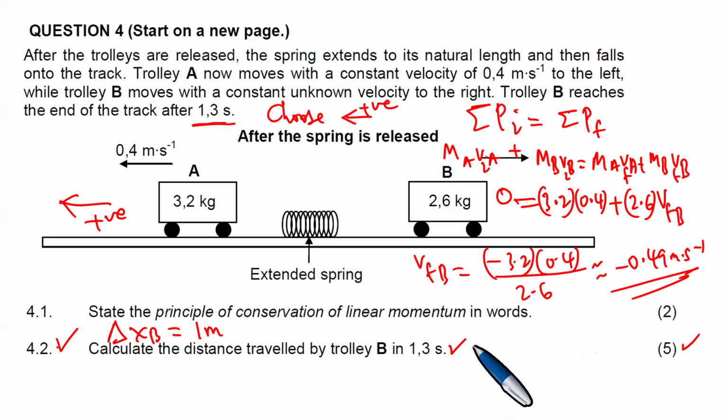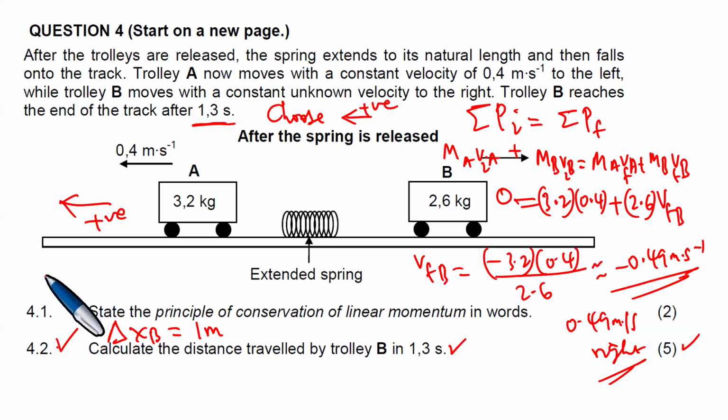So this would be the final velocity of B, but obviously because it is negative, it's indicative of the fact that it is 0.49 meters per second to the right. Okay. So if this became the velocity of B, then you can be rest assured that it reached the end of the track.